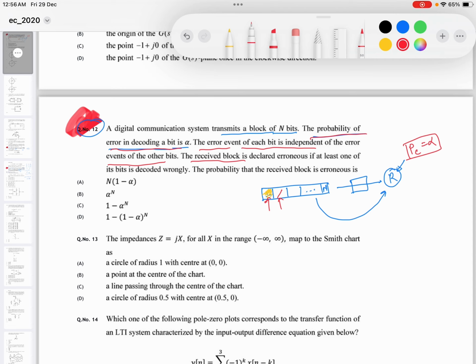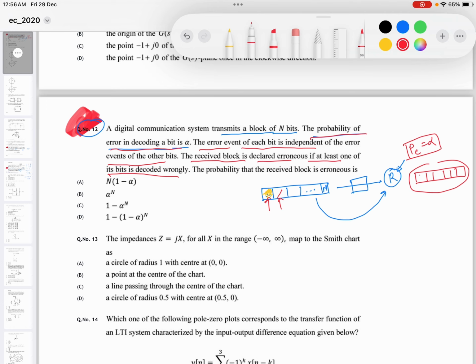The received block is declared erroneous if at least one of its bits is decoded wrongly. So we will have our received bits here, and there could be chances that one bit may get decoded incorrectly. Then the complete block will be erroneous.